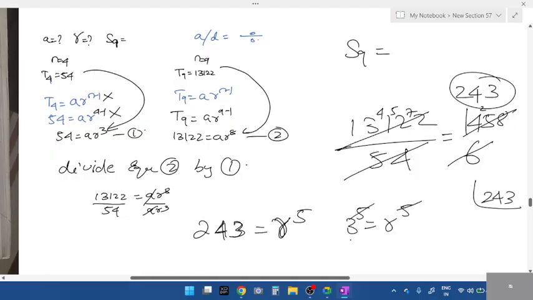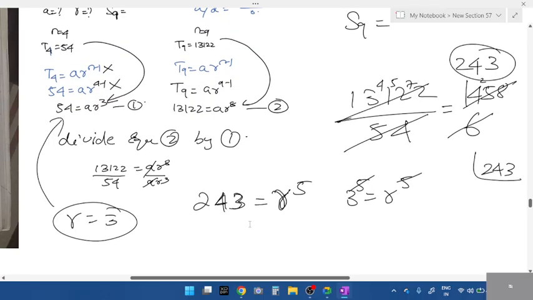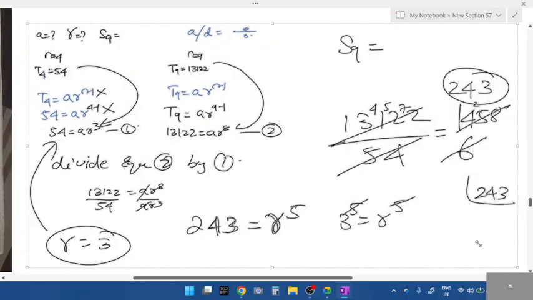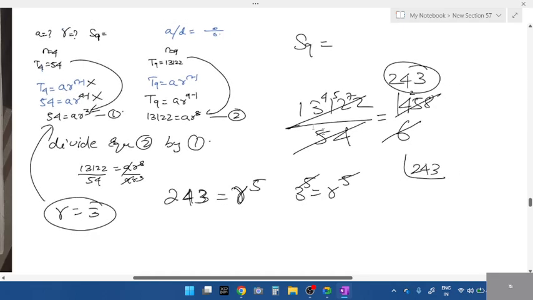Is R equal to 3? Did you all get 3 as the value? R is equal to 3. Substitute in equation 1, students. Equation 1 is easy. If you substitute in equation 1, you'll get a value. Don't write it like this. You should write it step by step. See, this is the working column. This should be done in the working column.